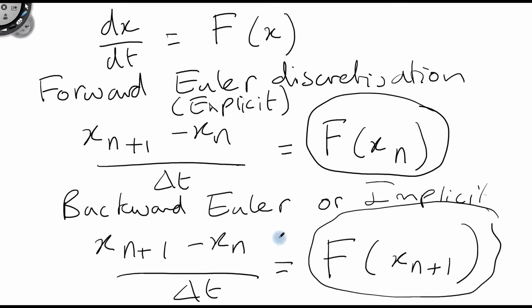You have to do a bit more algebra. But my contention, the reason you do this, is that it improves the stability. So going from forward Euler to backward Euler, we're going to improve the stability, and we're going to do our stability analysis again with this case. Okay, so that's the idea.